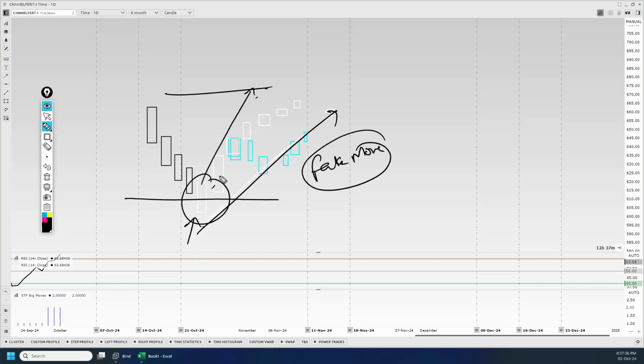But on the next day, if this is moving to the higher side, I would love to have a jackpot candle here rather than an action candle. And if the pattern is behaving this way, this is a fake up move. This is a fake up move. But instead, this is happening on the other side. Okay.